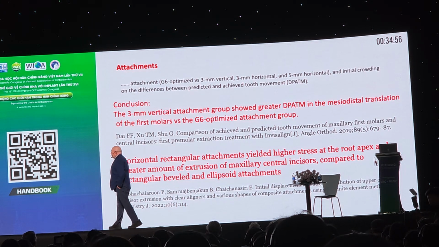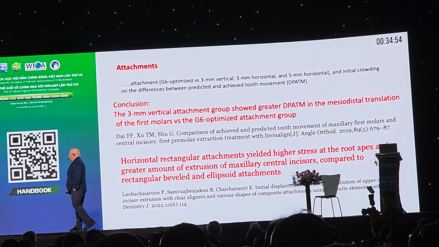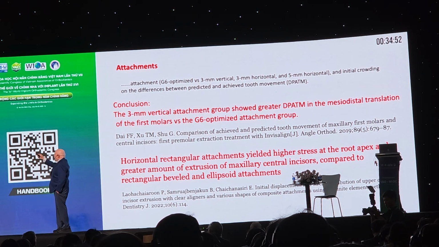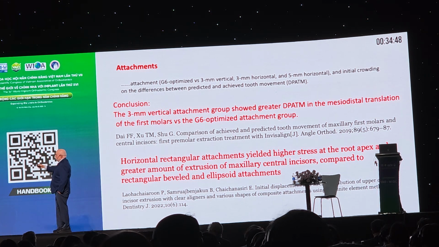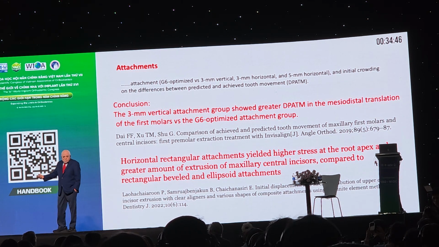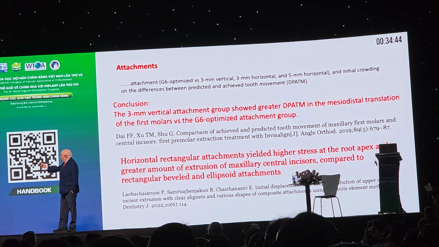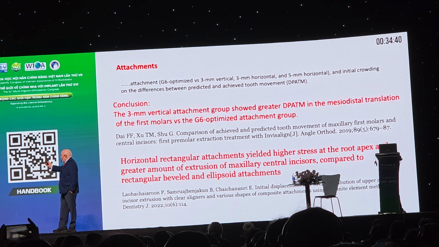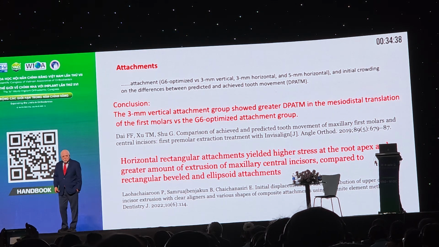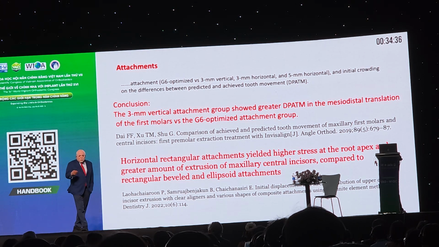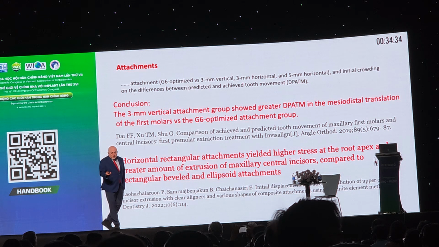One study basically said that a 3mm vertical attachment showed greater mesiodistal translation of the first molars. You can see all these studies are coming out now. Horizontal attachment yielded higher stress at the root apex. So this is what we call evidence-based research.